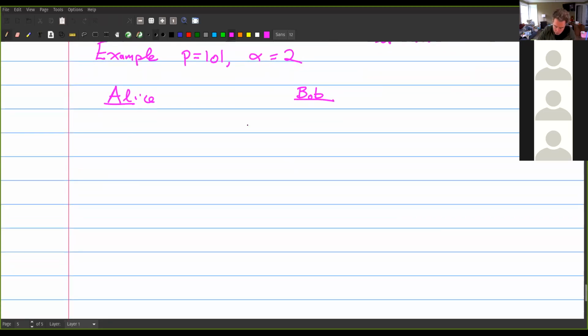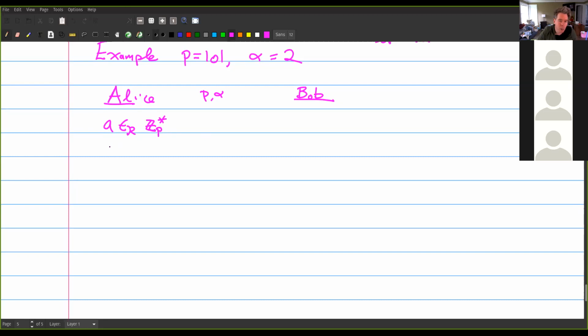This is just a proof of concept here. We're exchanging one message. The protocol is set up to easily exchange multiple messages. So Alice picks a secret a, which is supposed to be randomly chosen inside Z_p star. They've somehow agreed on p and alpha.